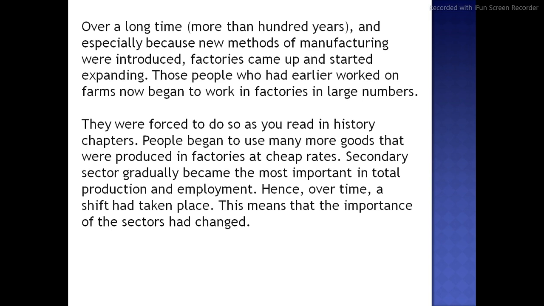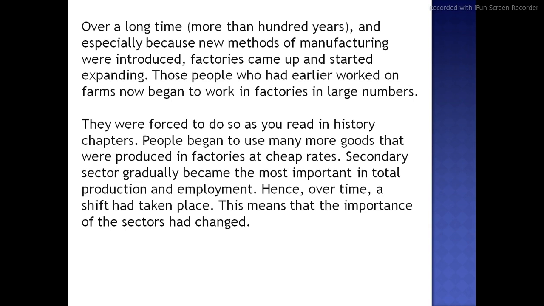Those people who had earlier worked on the farm now began to work in the factory in large numbers. They were forced to do so, as you read in the history chapters. As you know about industrialization, people began to use many more goods, produced in factories at cheap rates. Secondary sectors gradually became the most important in the total production as well as in the employment.